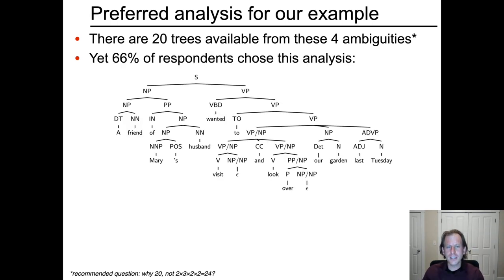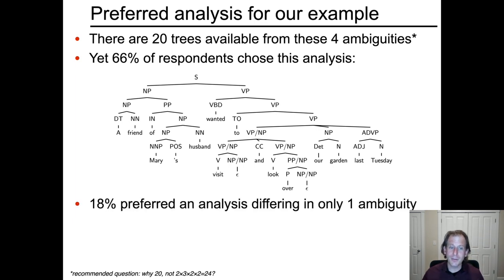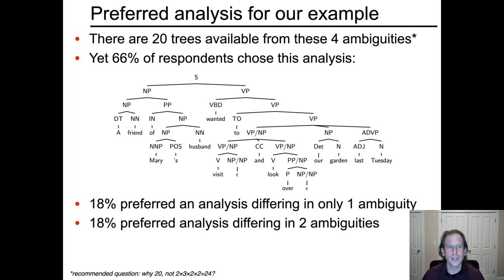Nevertheless, fully 66% of respondents chose this analysis that I've illustrated here, which arises from the majority preference for each of the individual analyses. Of the people who did not choose this, 18 preferred an analysis that differs only in 1 ambiguity, and the other chose an analysis that differs in 2 ambiguities.